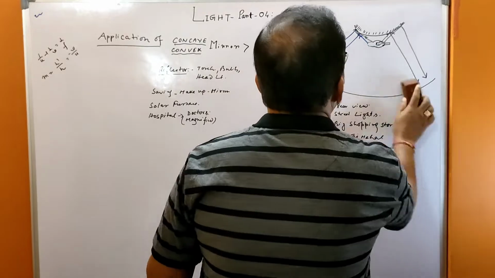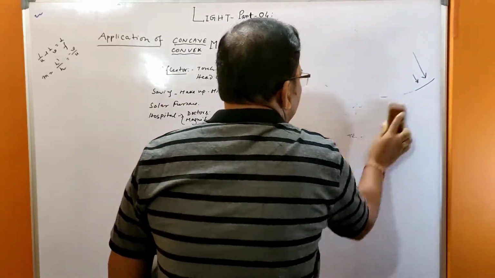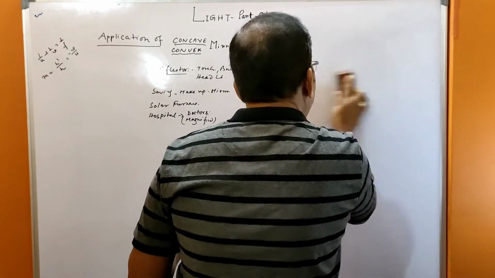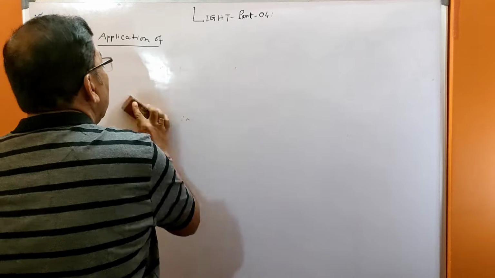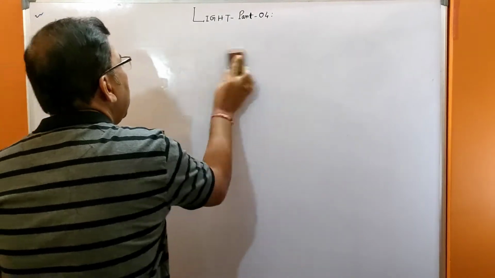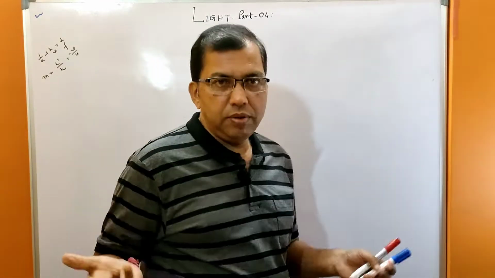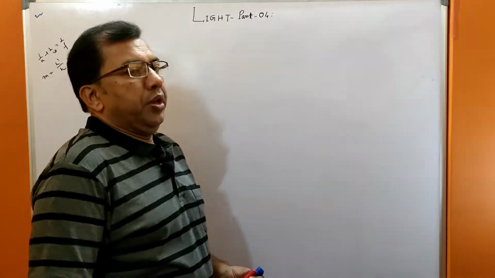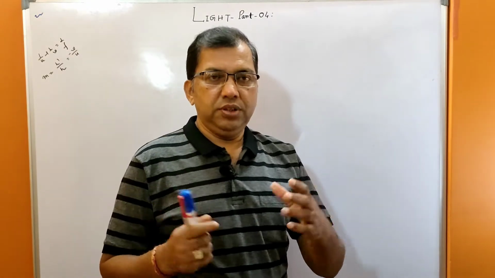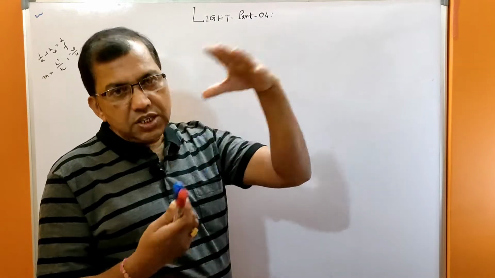Now let's come to the image and object in the case of a spherical mirror, concave or convex: the size of the object and the size of the image.